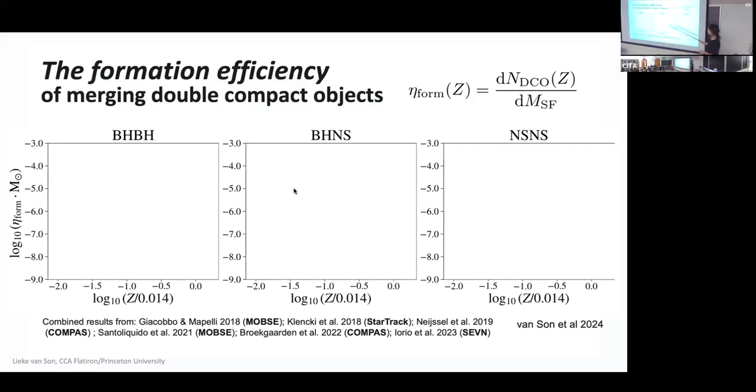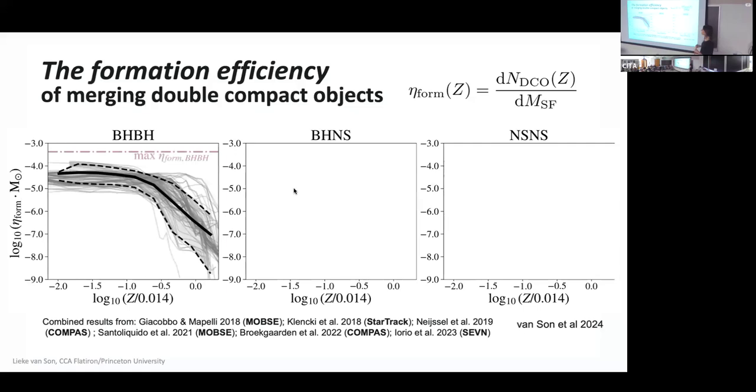And so if we look at the binary black hole formation efficiency, all of these different studies shown here in the bottom are plotted here using different codes, different setups, different physics assumptions, and still all of them kind of predict this flat behavior at low metallicities, and importantly, a strong tanking or multiple orders of magnitude drop at high metallicity, which makes people say you can never form merging binary black holes at high metallicity.